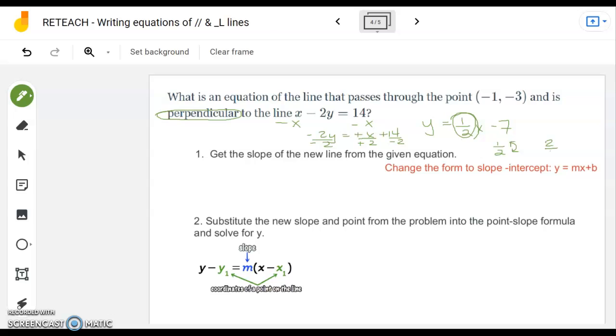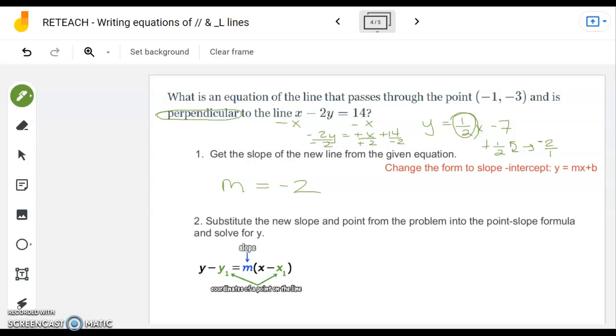That's going to give me 2 over 1, and then I need to take the opposite sign. So if this one is positive, then this one is negative. So my new slope is -2. -2 over 1 would simplify to -2.